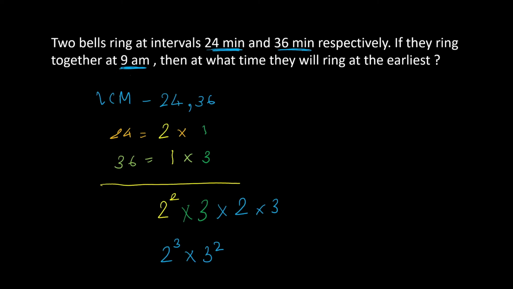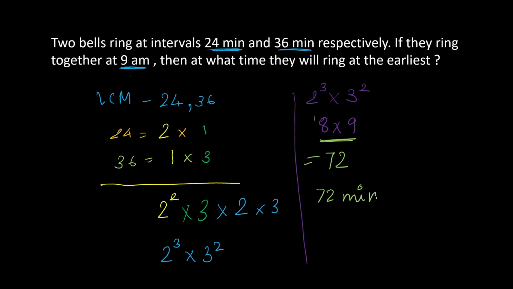Now let us solve this to get how much time it takes. 2 to the power 3 is 8, and 3 squared is 9, and we know that 9 times 8 is 72. So they will ring together after 72 minutes.